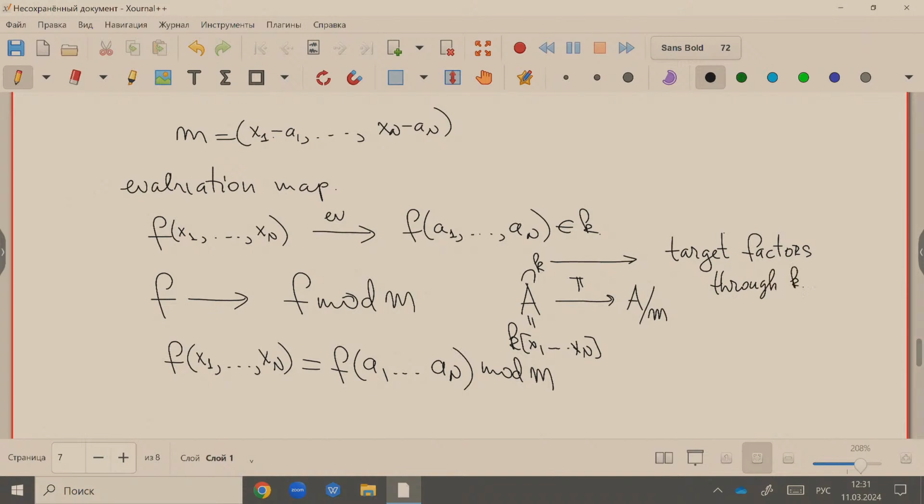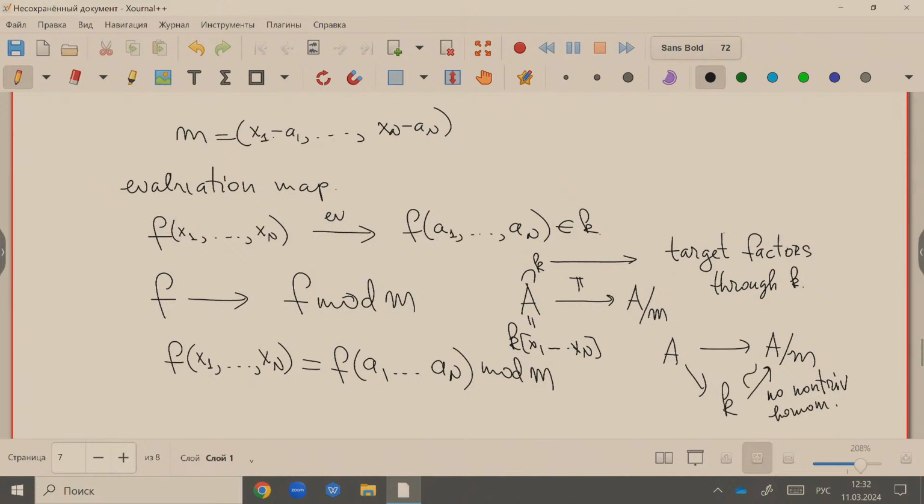But there are no further homomorphisms from the field, so you are mapping like this, but there are no non-trivial homomorphisms.